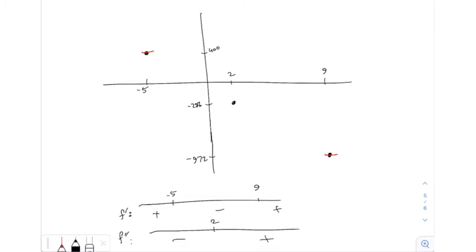So like I did before, I'm going to try to sort of combine these two charts or superimpose them, something like that. To the left of the -5, I see increasing and concave down. Between the -5 and 2, I see decreasing and concave down. Between 2 and 9, I see decreasing and up.